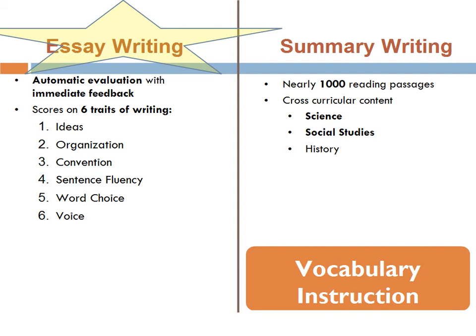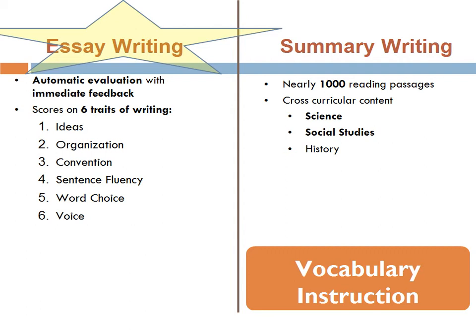All right, and this one we'll just go through the bullets, starting with the fact that WriteToLearn for essay writing provides that immediate evaluation of students' essays with supporting feedback on 6 traits of writing, and those are the 6 traits noted there. For the summary writing, WriteToLearn includes nearly 1,000 reading passages across subject areas.